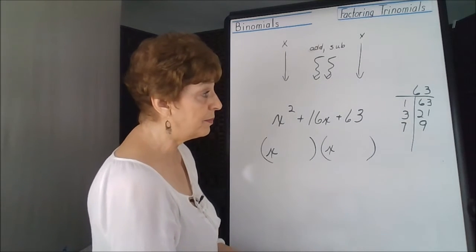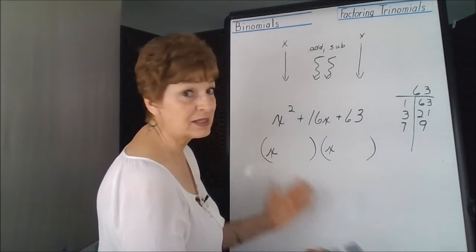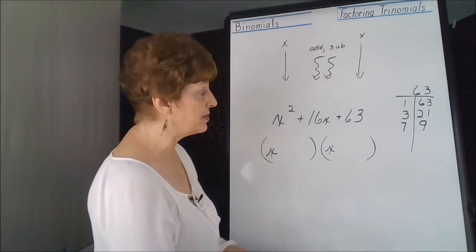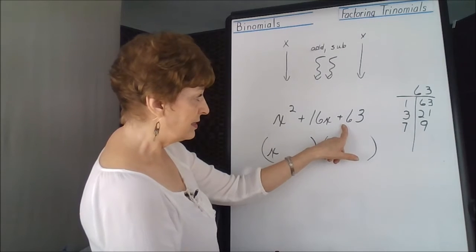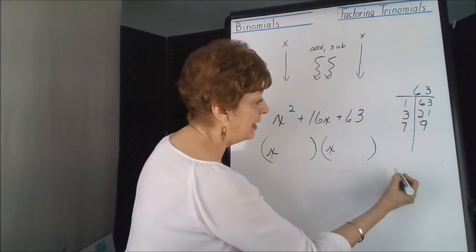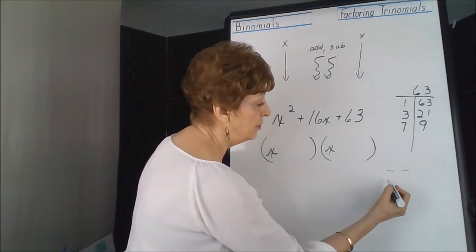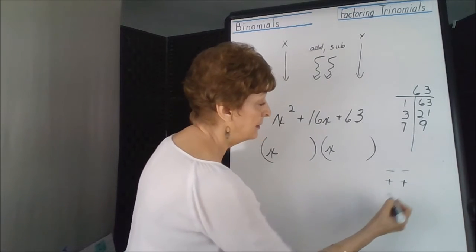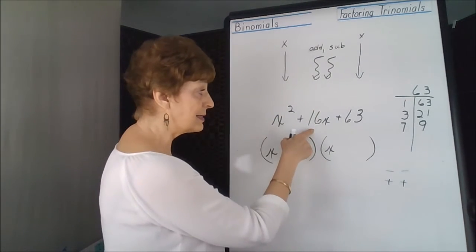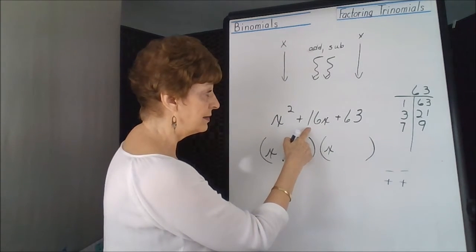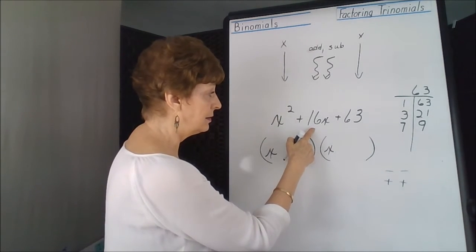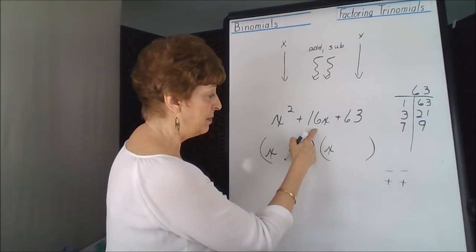Here's another obvious use of the divisibility of numbers. Okay, we need a positive 63. The only way I can get that with multiplication is 2 negatives or 2 positives. I need a 16 when I'm all done, so this has to add or subtract to 16, and that also has to be positive.